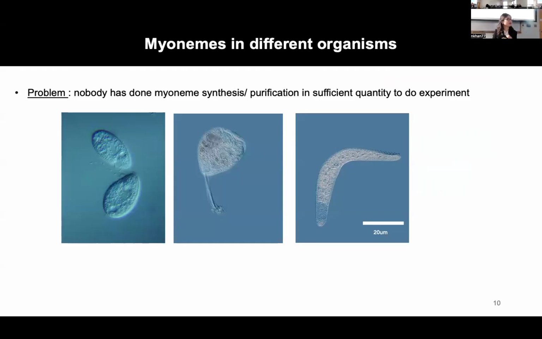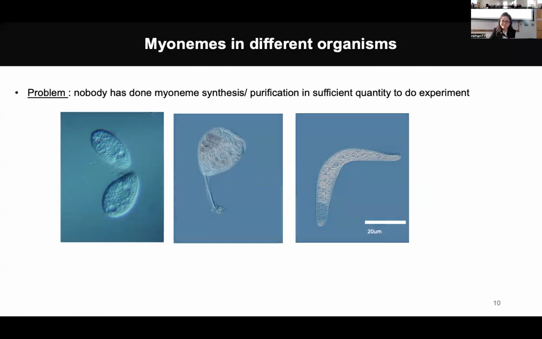Myonemes are found in different organisms and different cilia, and this mechanism has been studied not only in Spirostomum, but also in Vorticella and Tetrahymena. But we have a problem here: nobody has done myoneme purification in enough quantity for us to do the experiments.